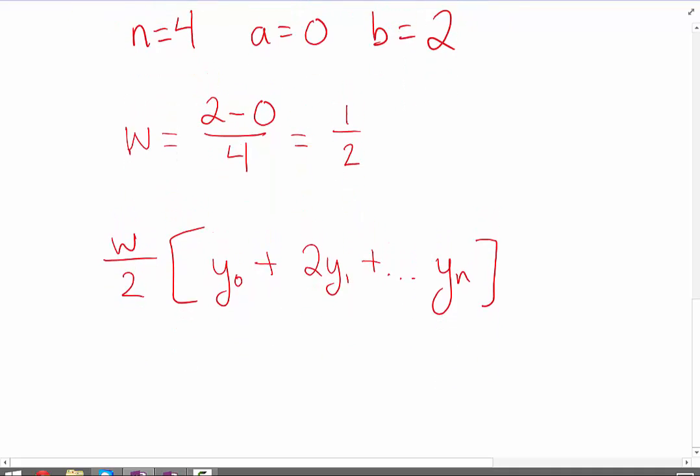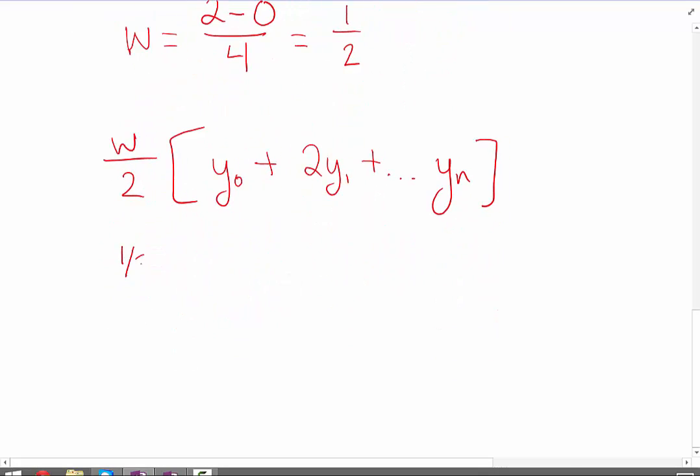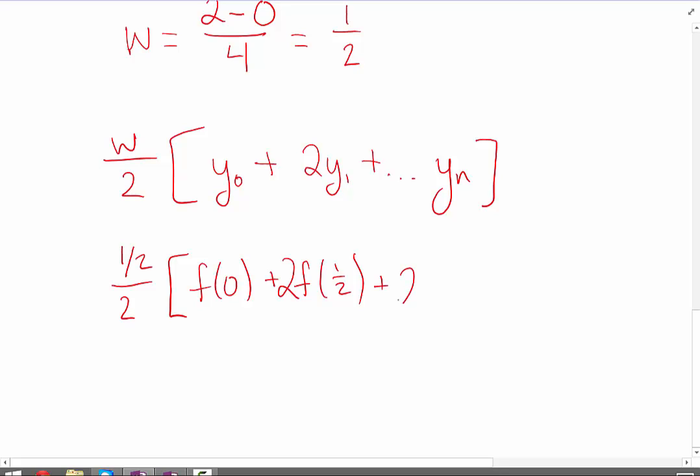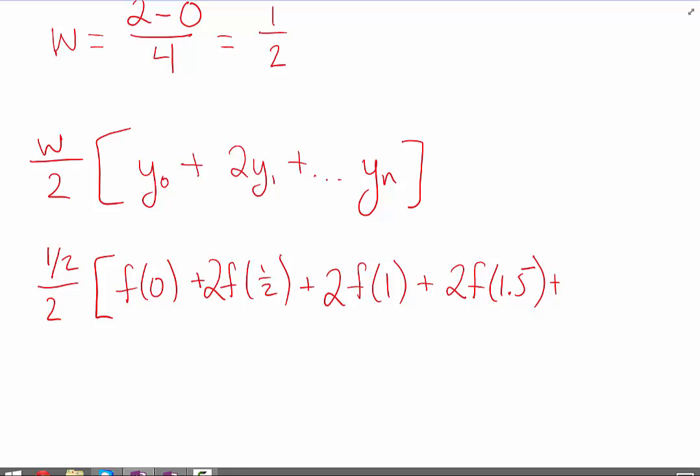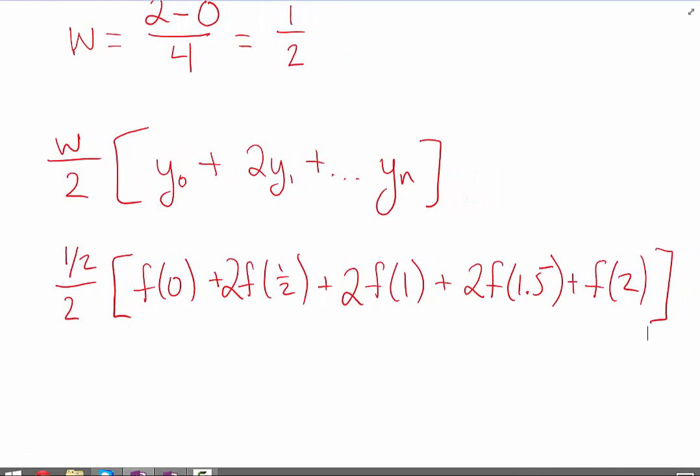So I'm going to make this (1/2) over 2 times f of 0, plus 2 times f of 1/2, plus 2 times f of 1, plus 2 times f of 1.5, plus, and then just 1 f of 2 because that's the end. All right, so these outer endpoints only get 1 and everything else gets multiplied by 2. That's the weird thing about trapezoid rule.